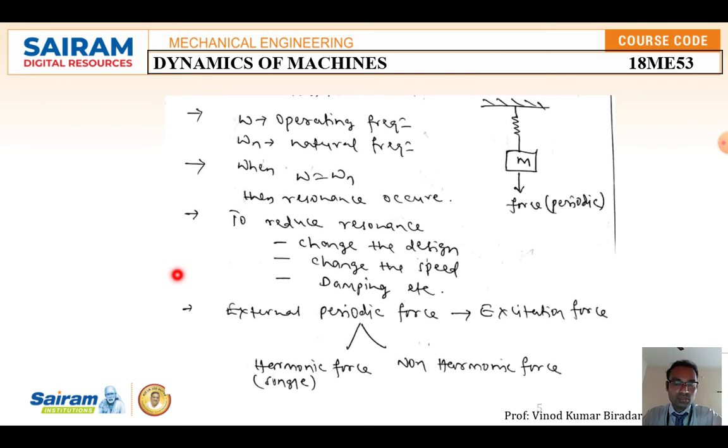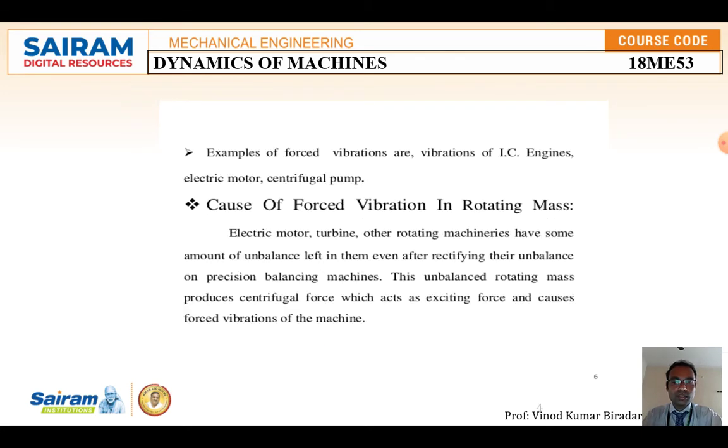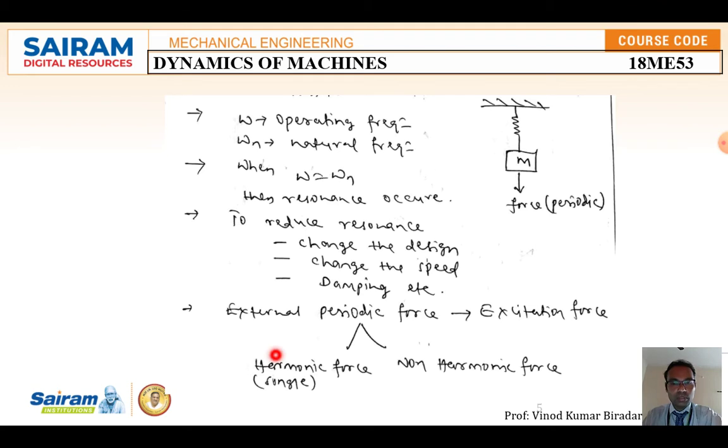The excitation force is again divided into two types: harmonic force and non-harmonic force. For your syllabus only harmonic force will be there, with a single degree of freedom system. Non-harmonic forces you will study in higher studies, at MTech, ME or PhD level.